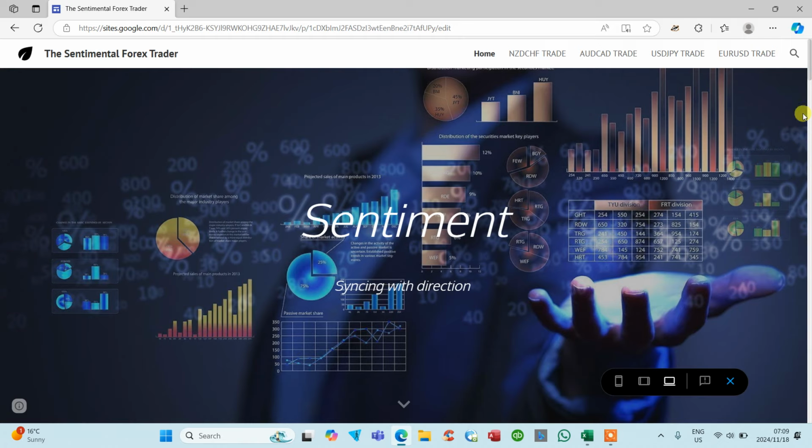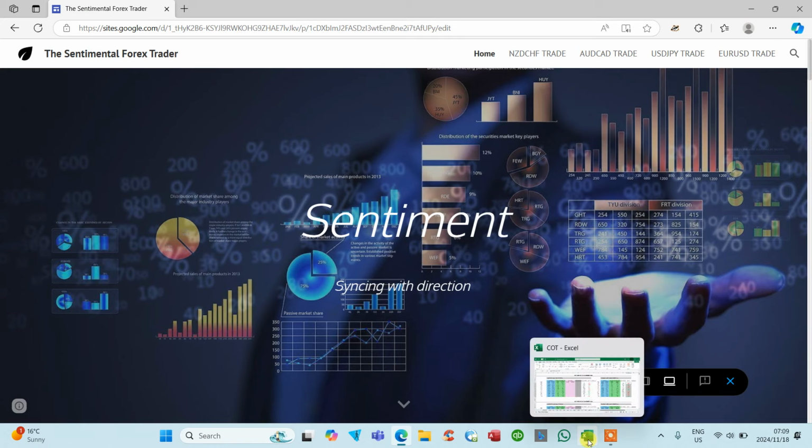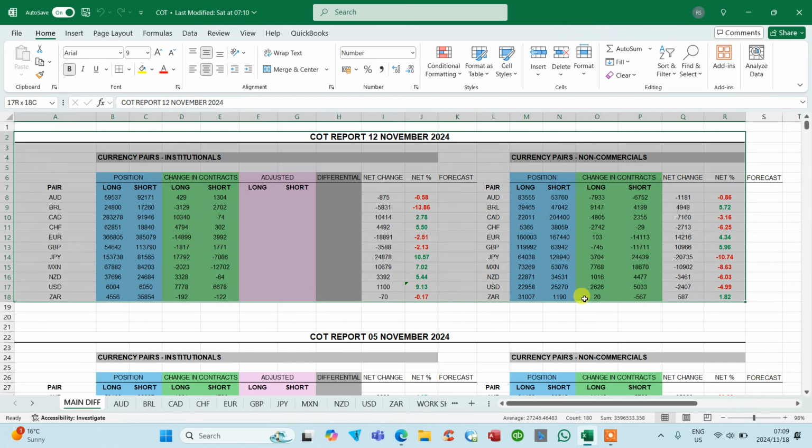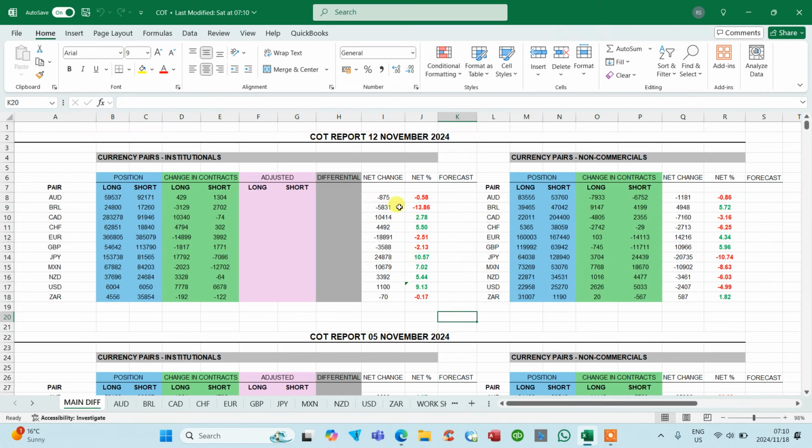Okay, so here's how it works. Basically, I monitor the proximity of net positions. So if I look at this sheet here, which I compile over the weekends, where the data is made available later on Friday, then I analyze the commercials and the non-commercials over the weekend.